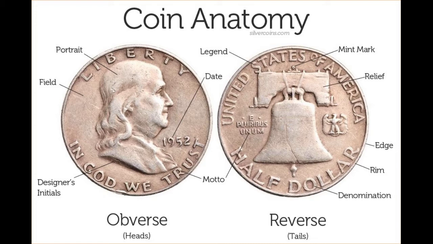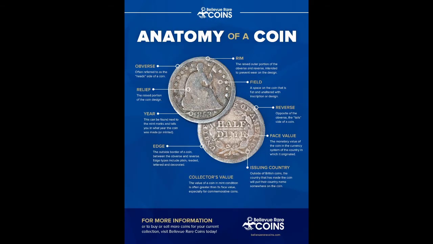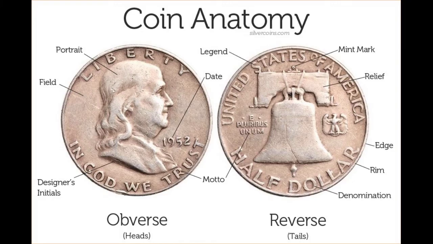Denomination, that is the same as face value, basically. And this is from silvercoins.com. So you can see that basically everything's the same, except this one points out a couple different things.